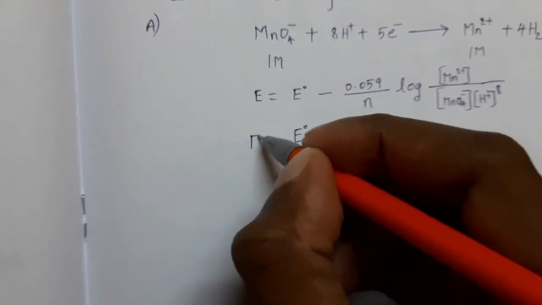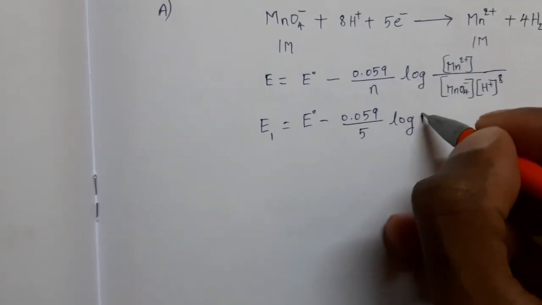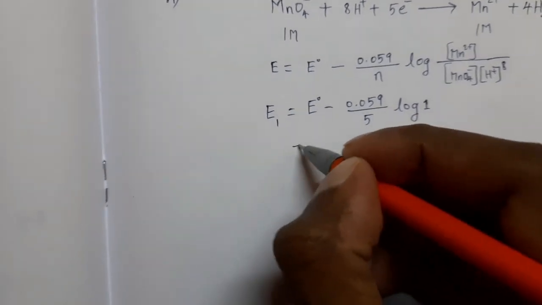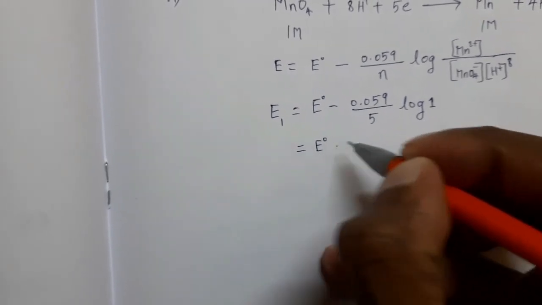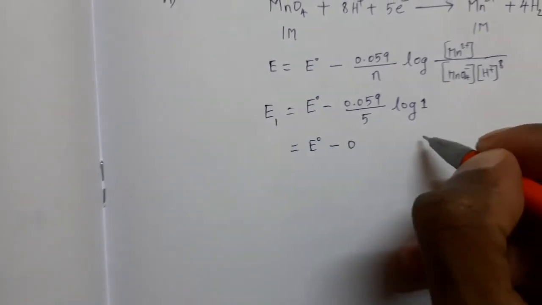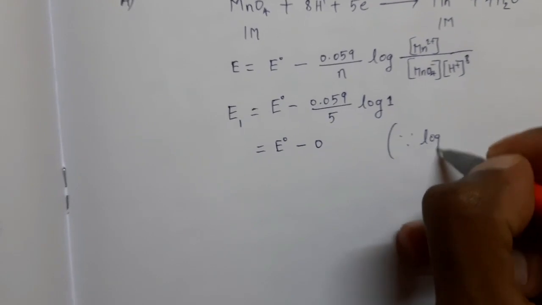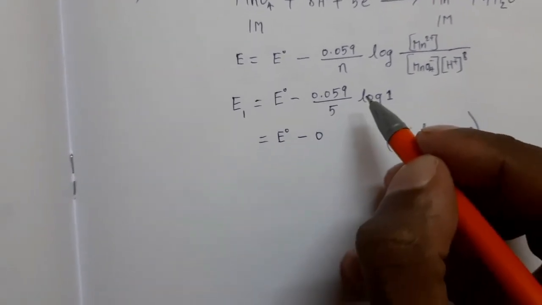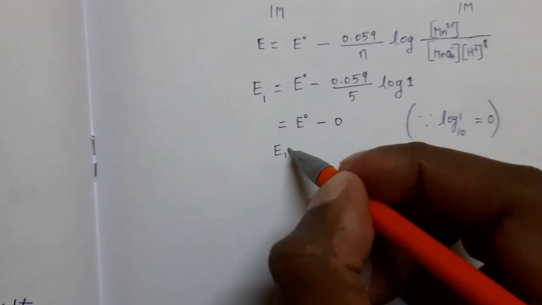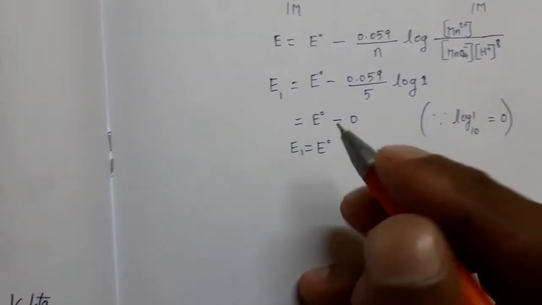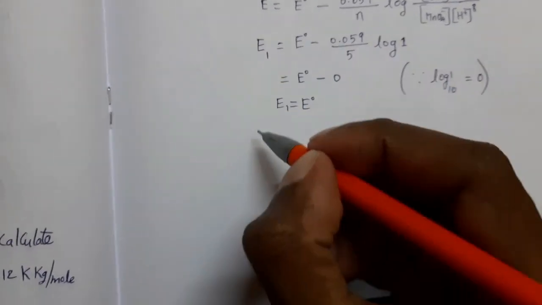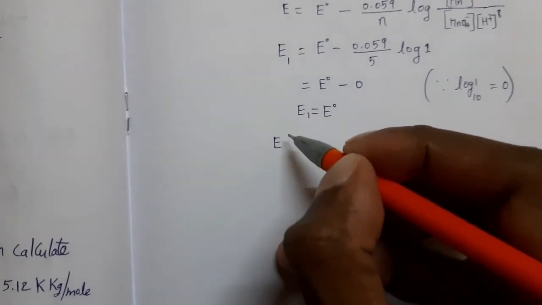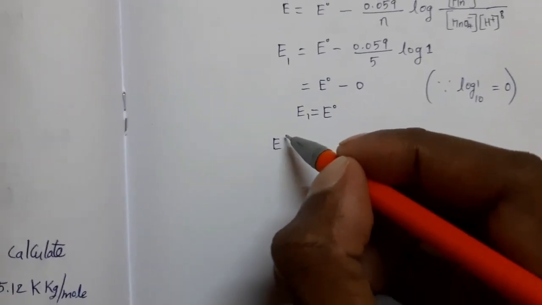This, let it be E1. Now E1 means E naught minus 0. Since log 1 base 10 equal to 0, this whole term becomes 0. So E1 equal to E naught. Now H plus ion concentration changed to 10 power minus 4.